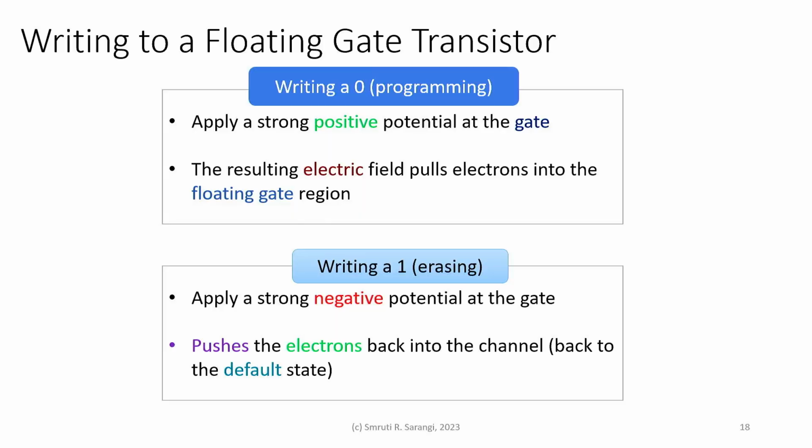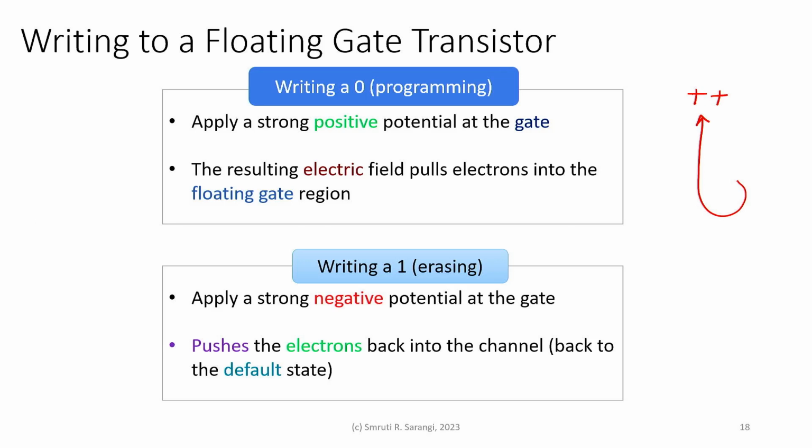Writing to a floating gate transistor, again, that's not very hard. Writing a 0, which is programming, basically means what? You want to apply a very strong voltage at the control gate such that all the electrons rush towards it. The moment they rush towards it, some of them would get trapped in the floating gate and would remain there, right?